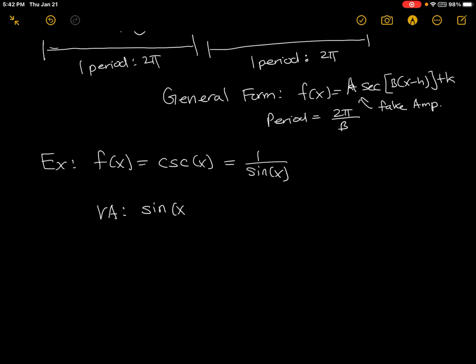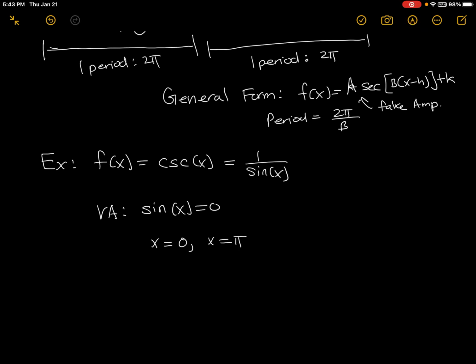Well, you set the denominator equal to 0 and solve for x. My first two vertical asymptotes on the unit circle are where the y value is 0. Sine of what angle gives you a y value of 0? x is going to be equal to 0, and x is equal to pi.